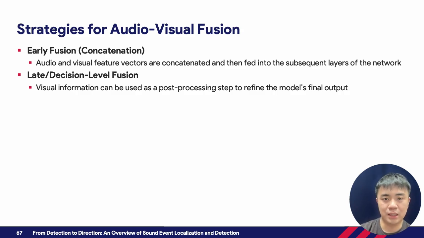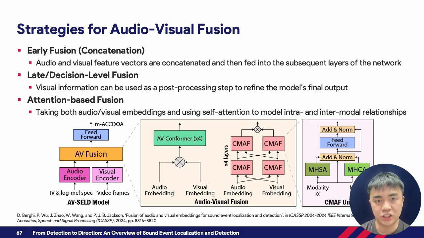Perhaps the most sophisticated approach, as shown here, is attention-based fusion. Here, you use cross-attention mechanisms to model the deep relationships between the two modalities. So this allows the audio stream to query the visual stream and vice versa, in order to find correspondences and build a much richer fused representation.